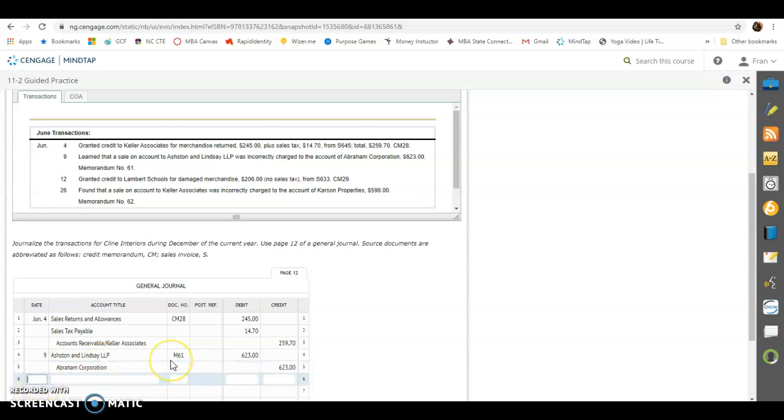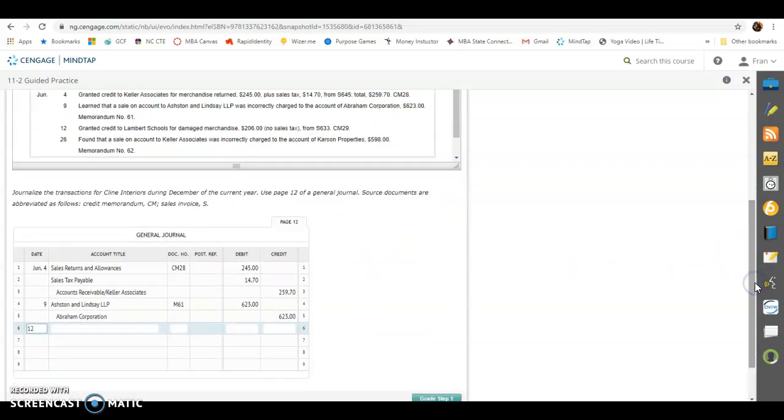All right, moving on to the 12th. Granted credit to Lambert Schools for damaged merchandise, $206, no sales tax. Remember, the school systems weren't paying taxes because they're tax exempt.